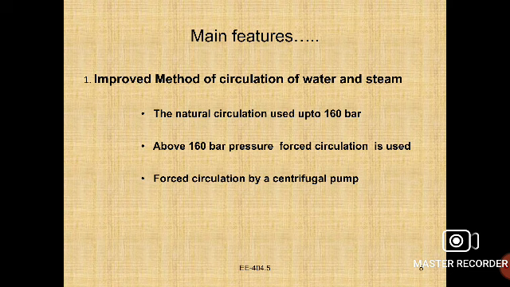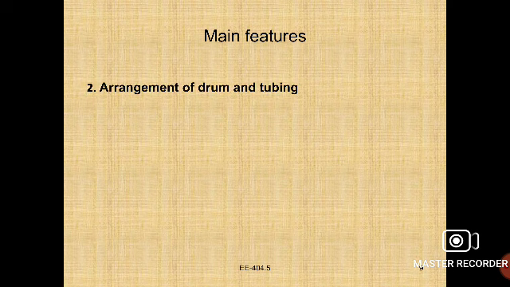When supplying water into the boiler, natural circulation means gravitational flow, while forced circulation means utilizing pumps, that is, centrifugal pumps.